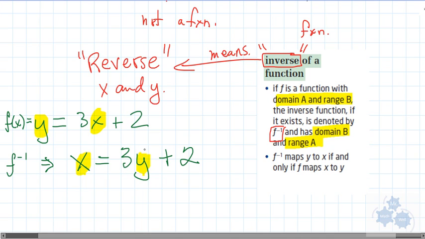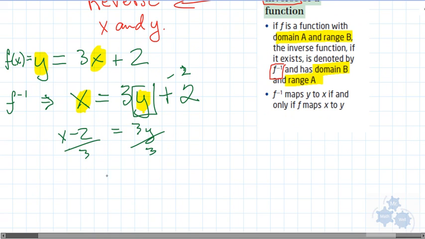If I actually now solve for y, I can write it in function notation. Let's subtract 2 from both sides. So that's going to be x minus 2 equals 3y. Then let's divide by 3. And this is what I'm going to get: y equals 1/3 x minus 2/3.